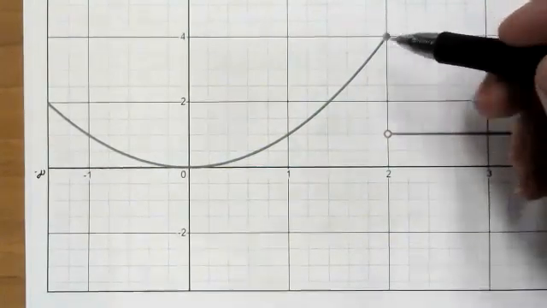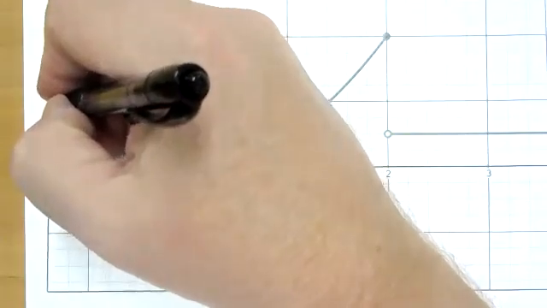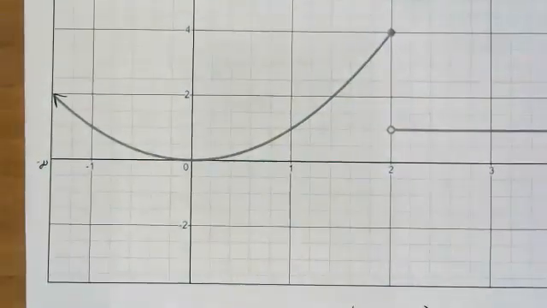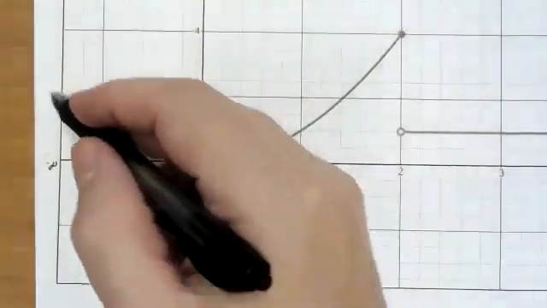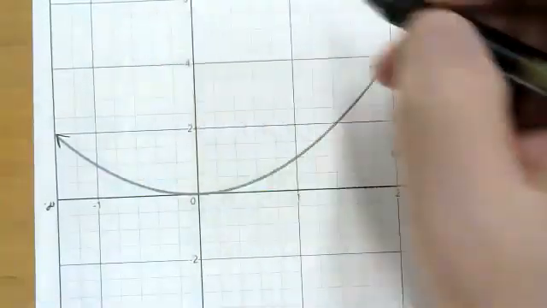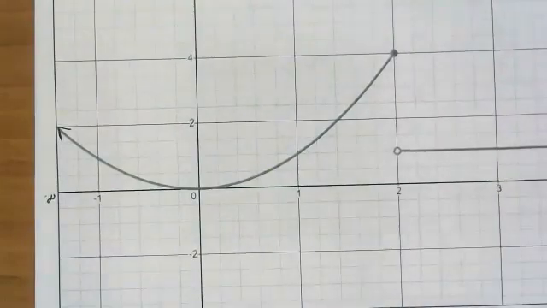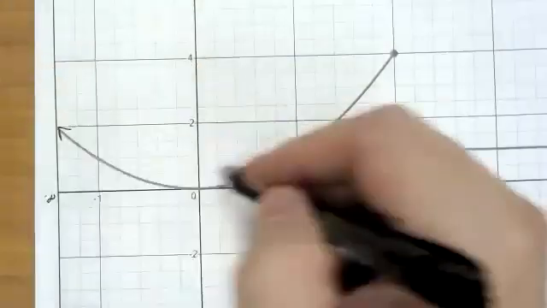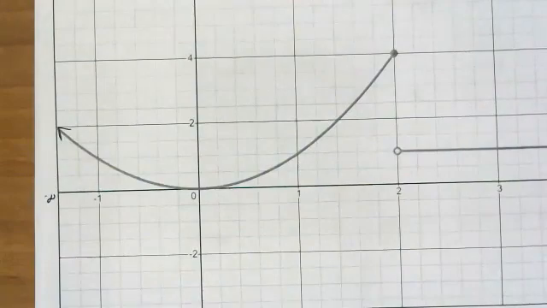Interesting, this one stops, but this side does go on forever. So this is going to keep climbing, and eventually it's going to get to infinity. This one stops here, but that's okay because I can look at any part of the graph and get these answers.